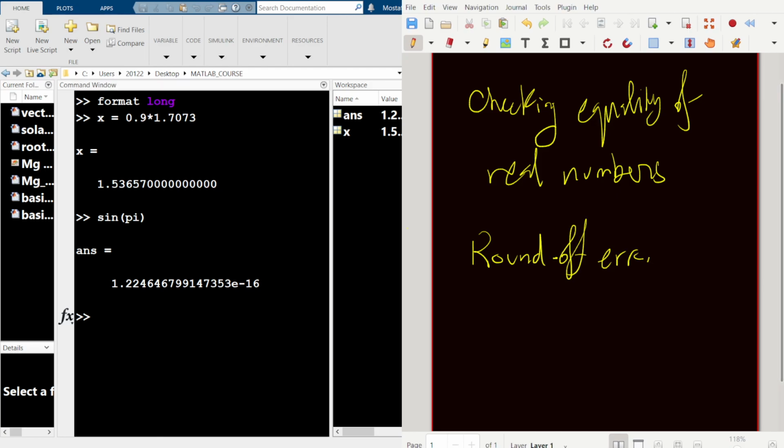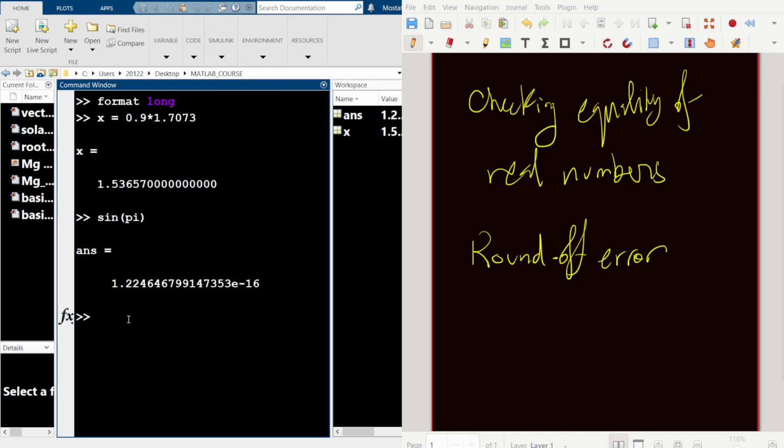The reason why there is round-off error is because of the limited amount of memory that the computer allocates to storing a real number. Because of this, the exact number cannot be represented on the computer. Another classic example is calculating 1 over 3. There is no way you can represent this number accurately.